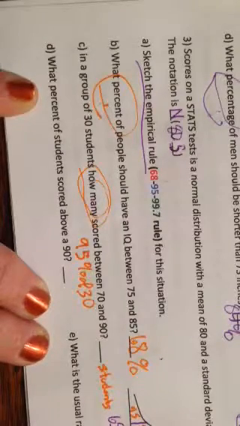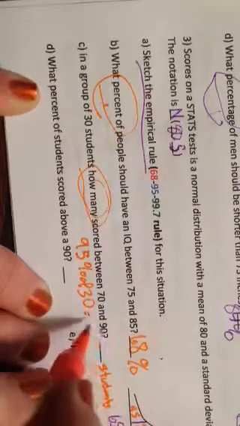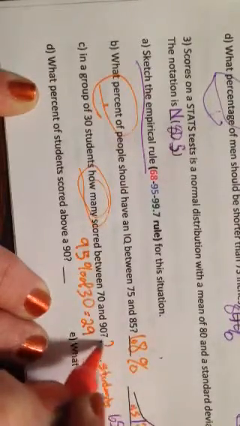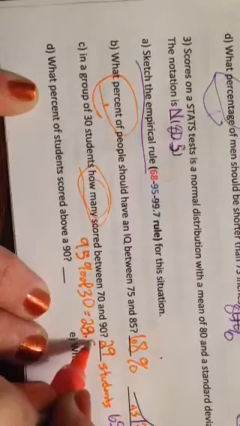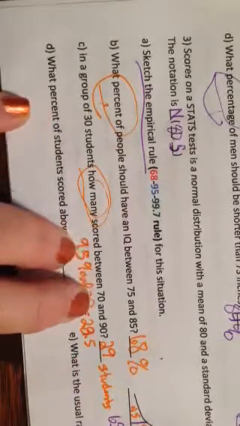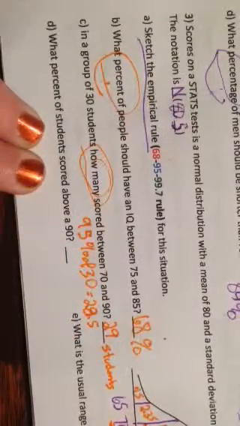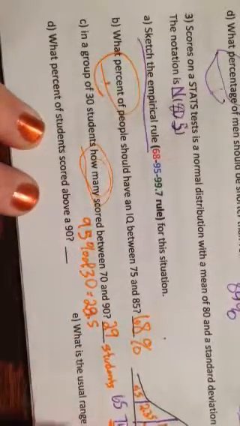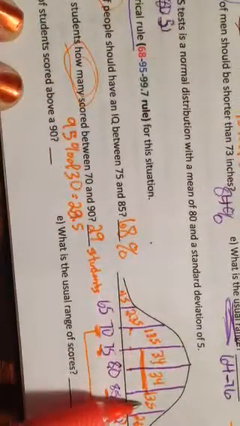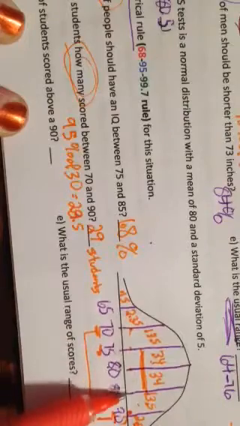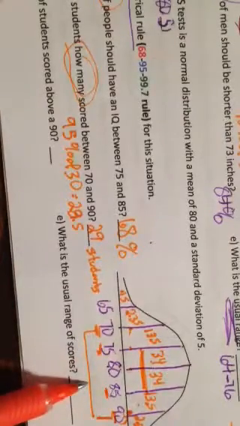So 0.95 times 30. That would be 28.5. So we would say 29 students scored between a 70 and a 90. We would add these numbers up, or we know that 2 standard deviations is 95%.